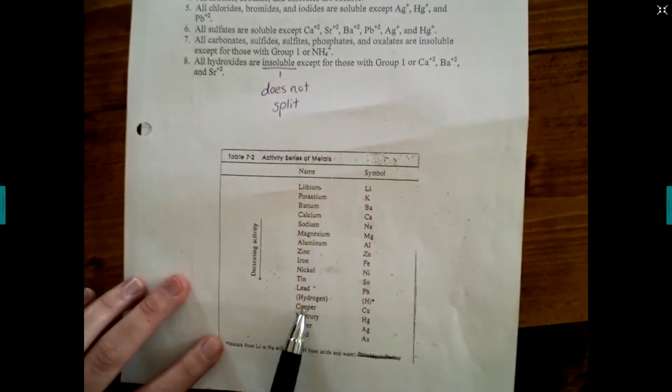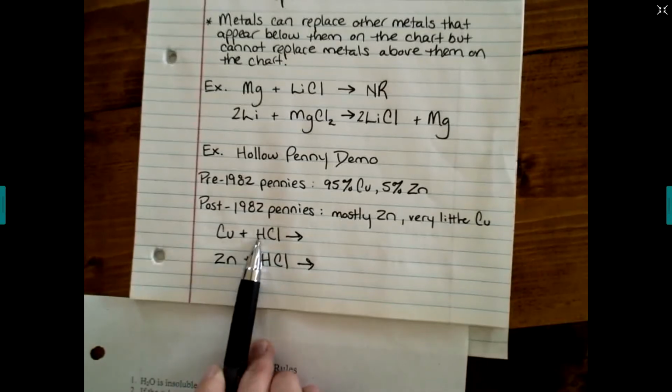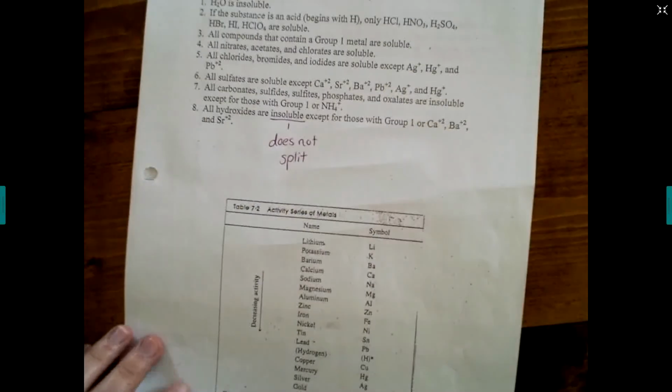Well, if you look at our activity series chart, here's copper, and right above it is hydrogen. Because remember, if this reaction were to occur, copper would be replacing hydrogen, and hydrogen would be released as a gas. So the fact that copper is below hydrogen on this chart means that that can't happen.